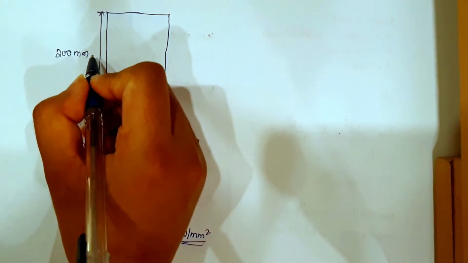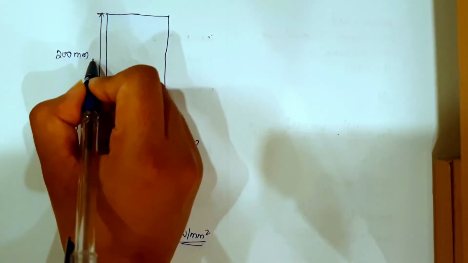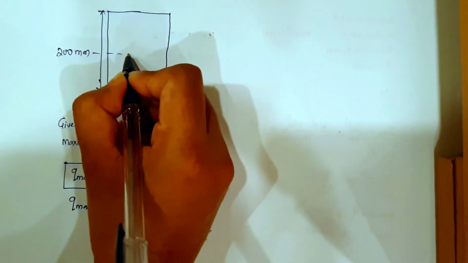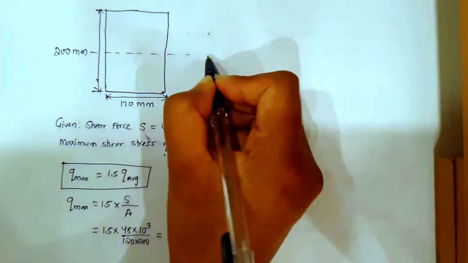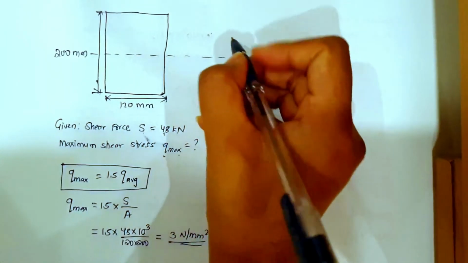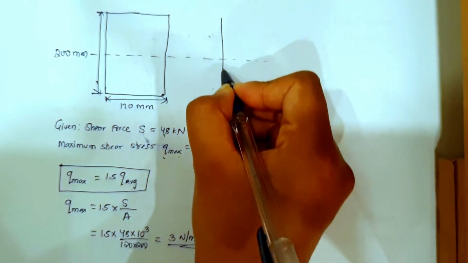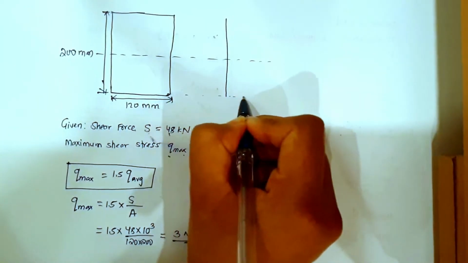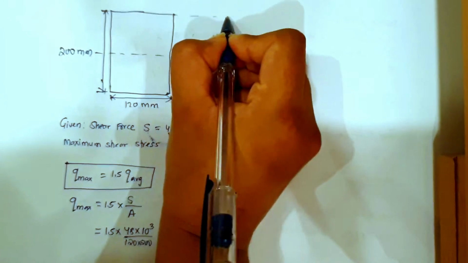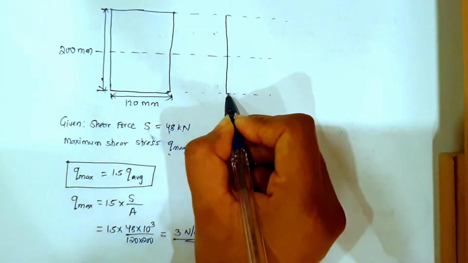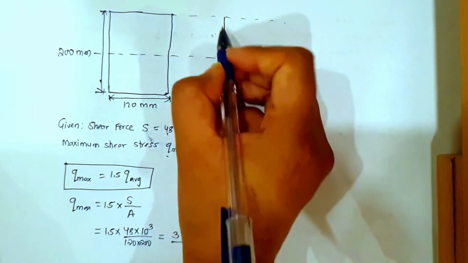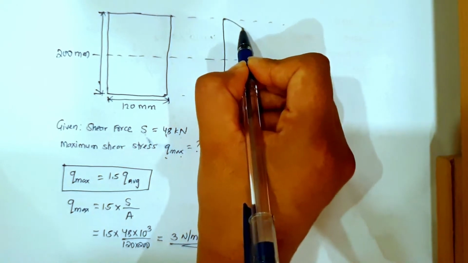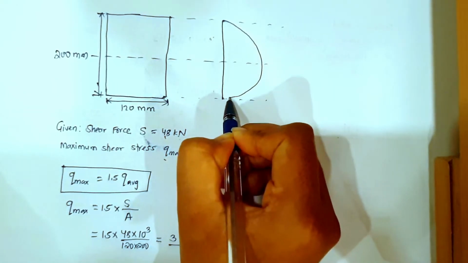Now we have to draw the shear stress distribution diagram. How do we draw it? It is simple. It should be at the same length here, from here also, and from here you draw a parabolic line.